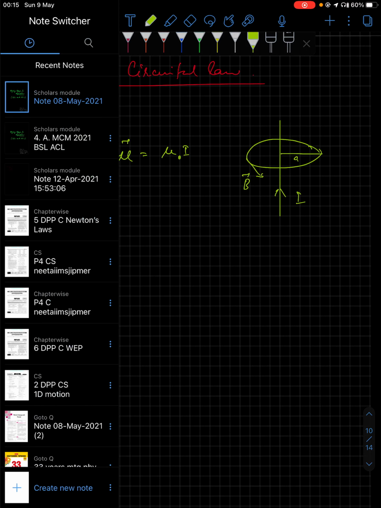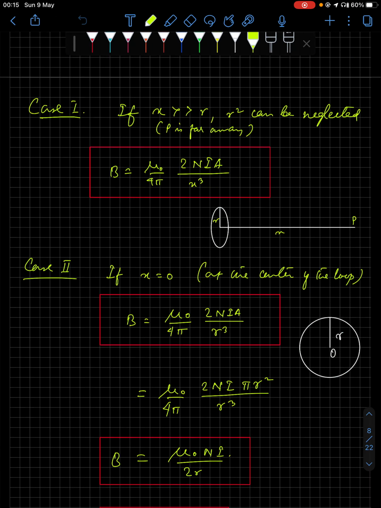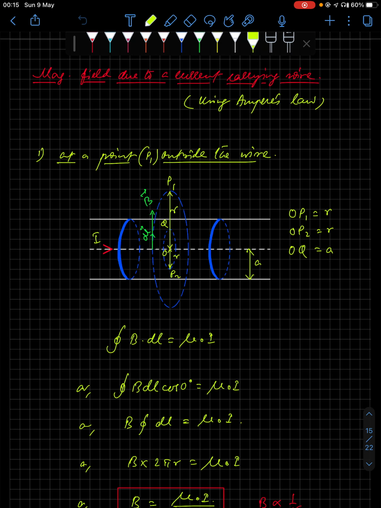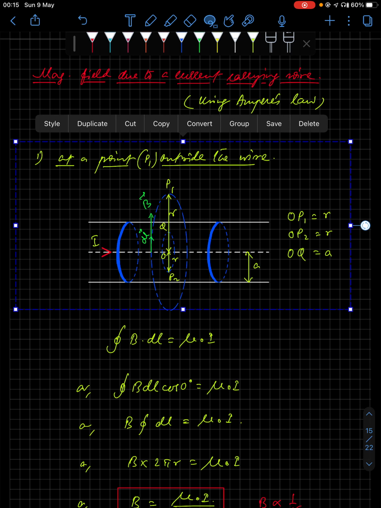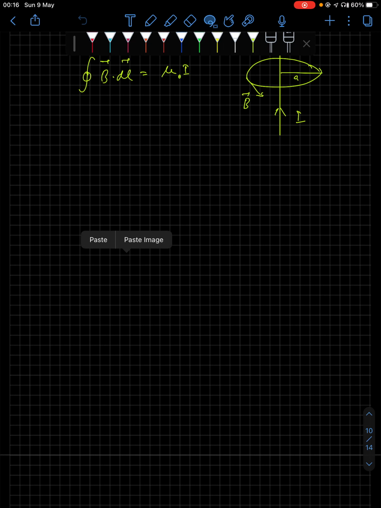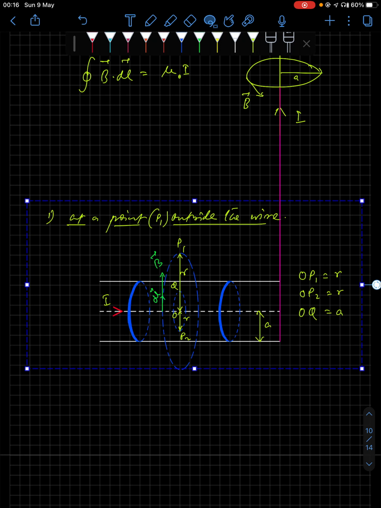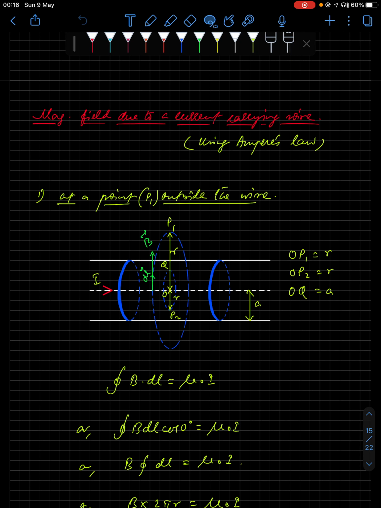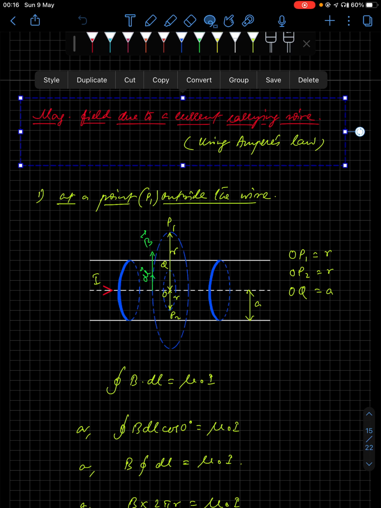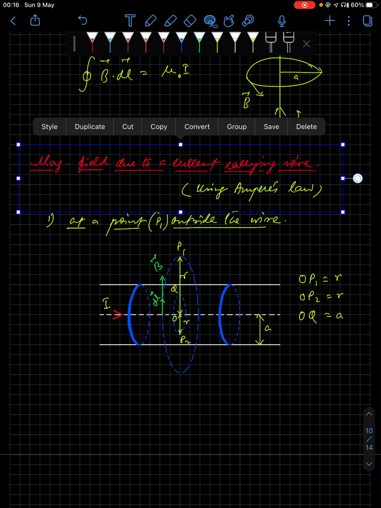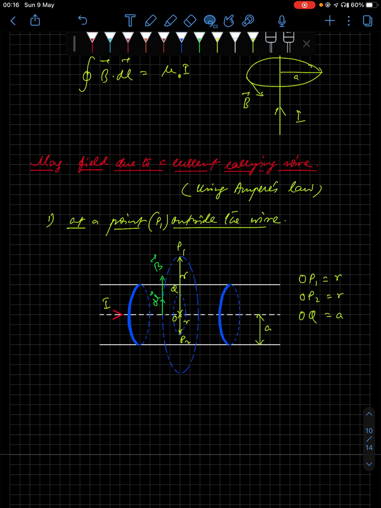In this case I need to copy the diagram, otherwise it will take a lot of time. So we are talking about this situation: magnetic field due to a current carrying wire using Ampere's circuital law.